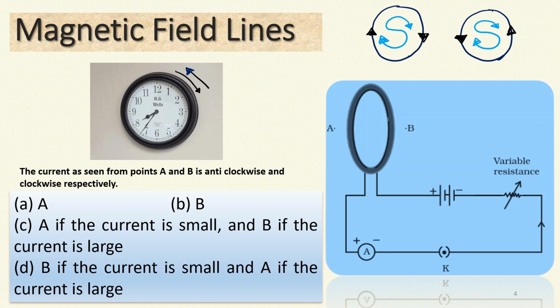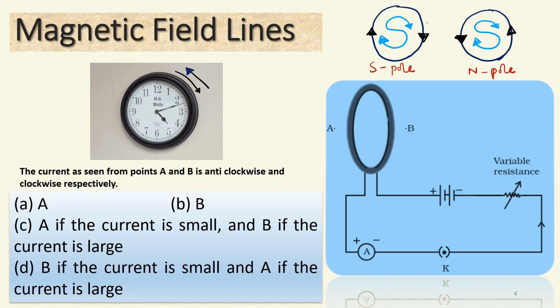Now please check the direction of the current against the direction of the arrows on the S. If they both coincide, then that is going to be the south pole. If they do not coincide, that is, in opposite orientation, then it is going to be the north pole.